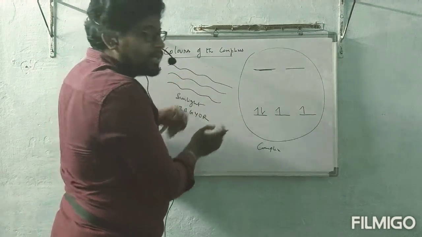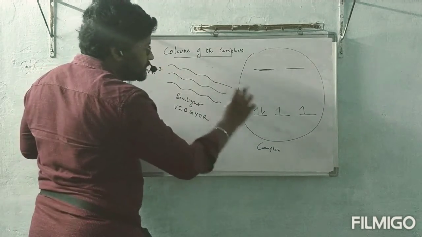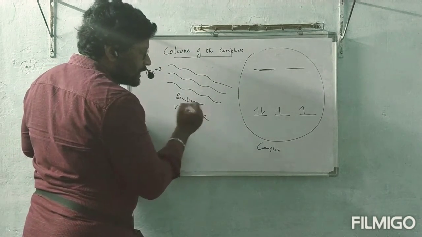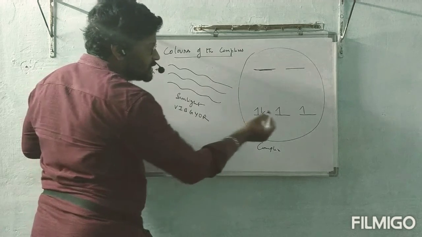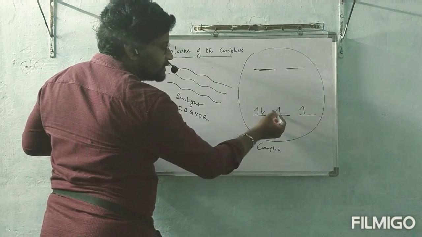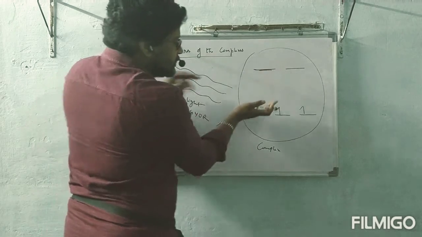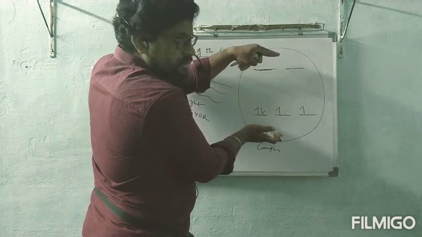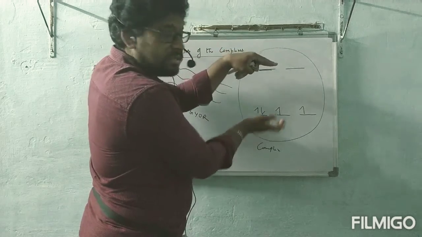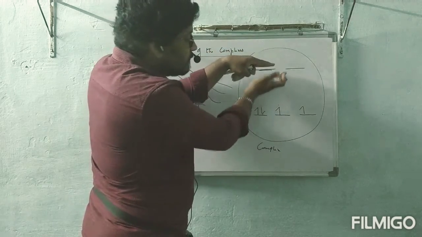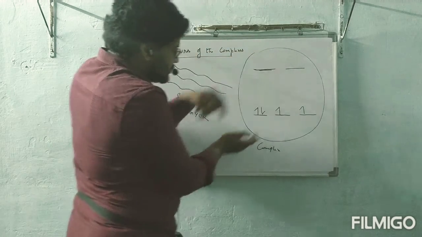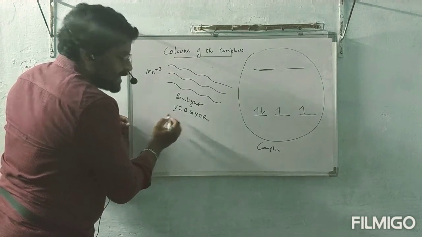At that time, what is going to happen? Out of these 7 colors, one color is responsible for the transition of this electron to the higher energy level, which is separated by some energy difference, correct or not? That means some wavelength.